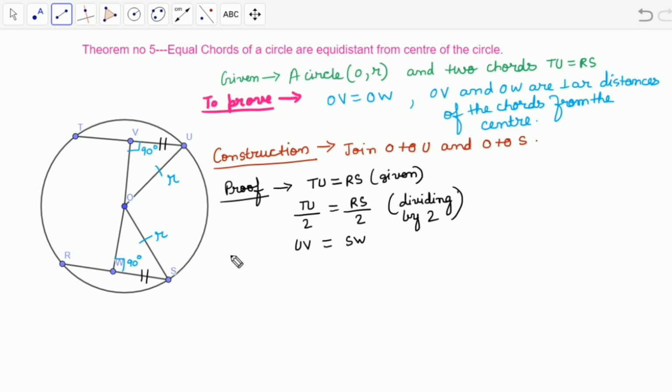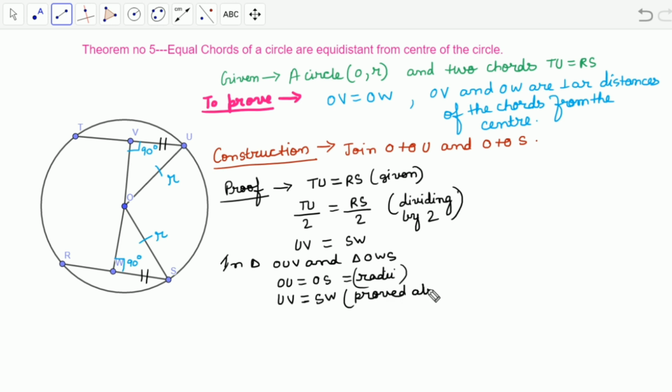Now again we'll do the congruency. So in triangle OUV and triangle OWS, what we observe? We observe that OU is equal to OS, radii of the same circle, and thus they will be equal. Also we have just proved that UV equal to SW, proved above, and we have actually used one of the theorems that we have proved previously, right?